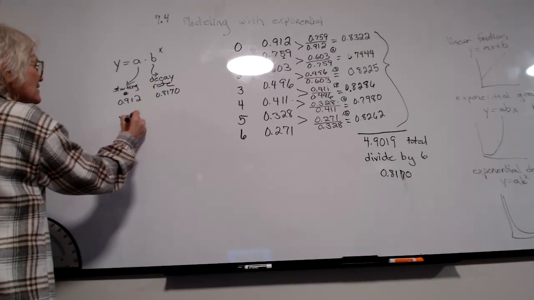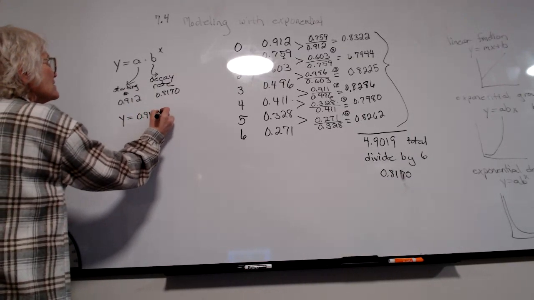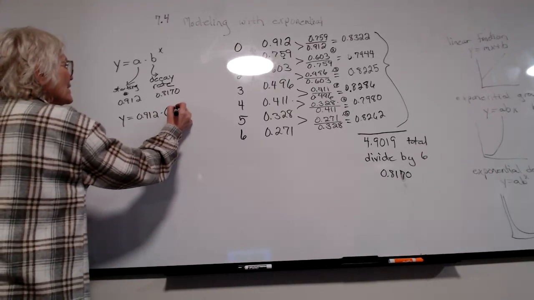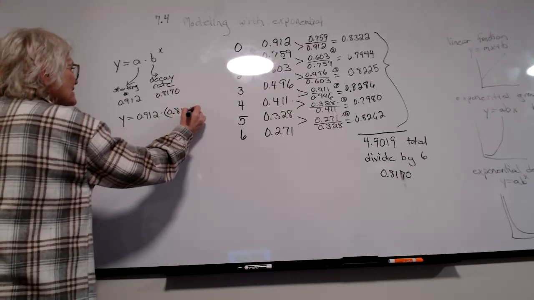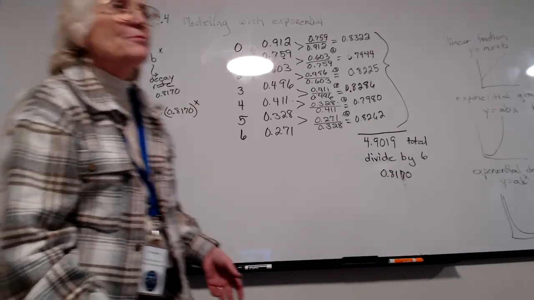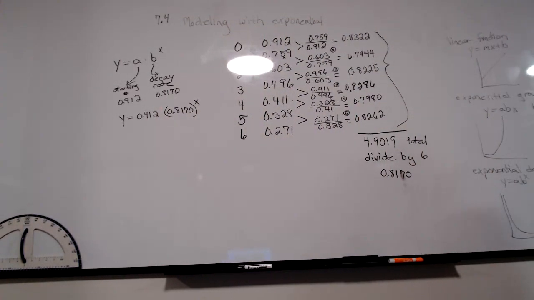So y is equal to 0.912 times, and since these are all lots of decimals, (0.8170) to the x power, okay? I put it in parentheses so it's easier to see. You don't have as many decimals and multiplication signs in there, so it's easier to see what's going on. So now we just found the equation.